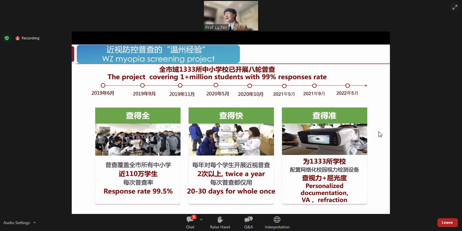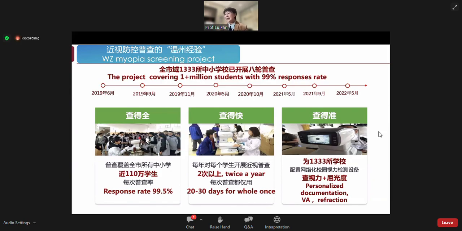I would like to take this opportunity to share what we did recently, a myopia epidemiology study in the south part of China. This is a cohort study for students' myopia, students from primary, secondary, and high schools.